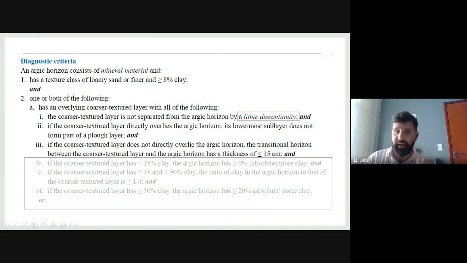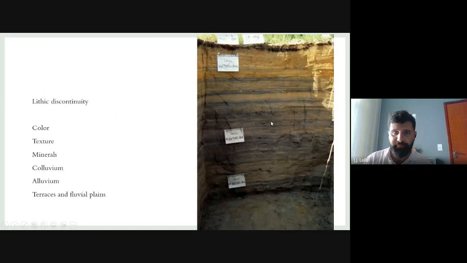What is a lithic discontinuity? A lithic discontinuity is a diagnostic criterion that we use to identify some soils that were formed by alluvium or colluvium materials.